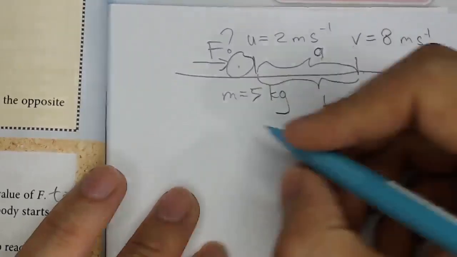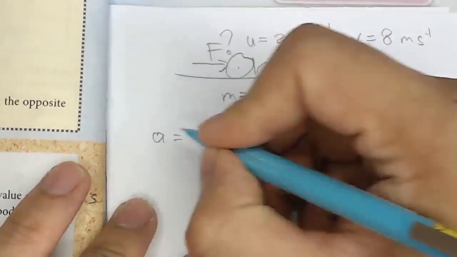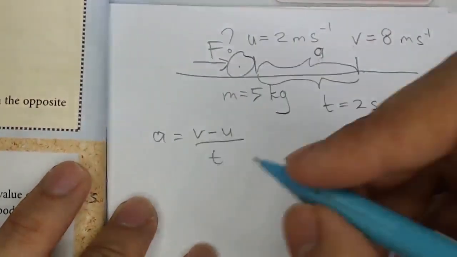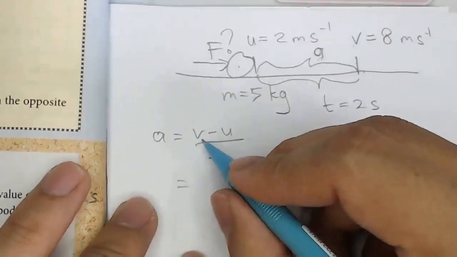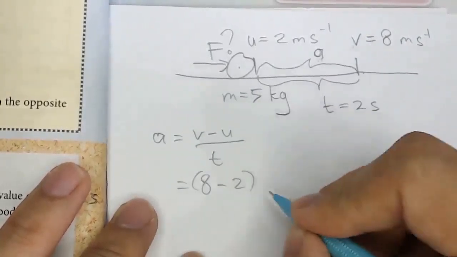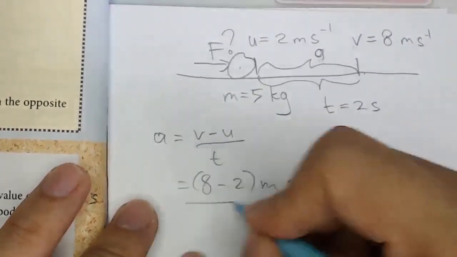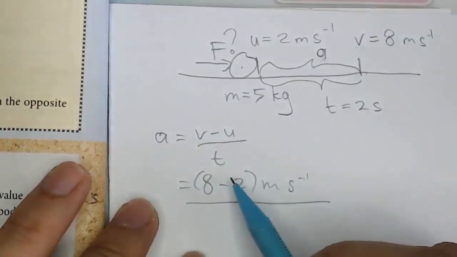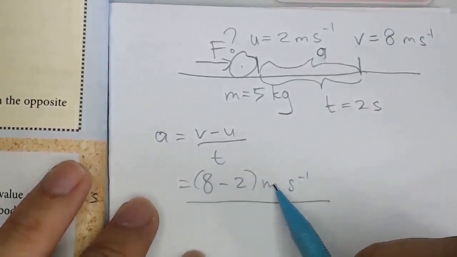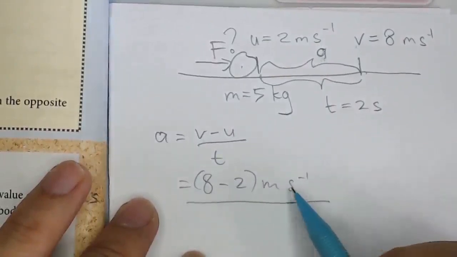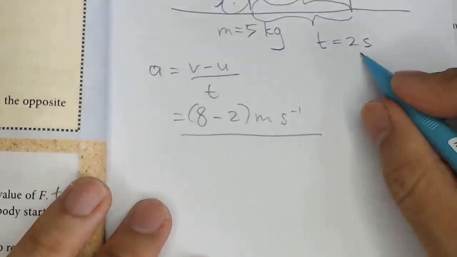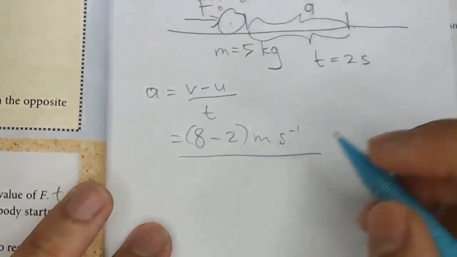So now this time we can find the value of A. You know the formula already. Okay, we substitute v is 8, u is 2 meter second negative 1. You can do it like this. You can put the digits inside the parentheses and the unit outside because both of them share the same unit. Okay. t is the time taken to do the acceleration, 2 seconds.